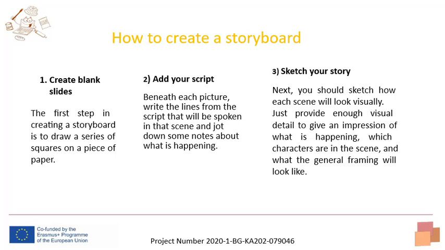Sketch your story next. You should sketch how each scene will look visually. Just provide enough visual detail to give an impression of what is happening, which characters are in the scene, and what the general framing will look like.